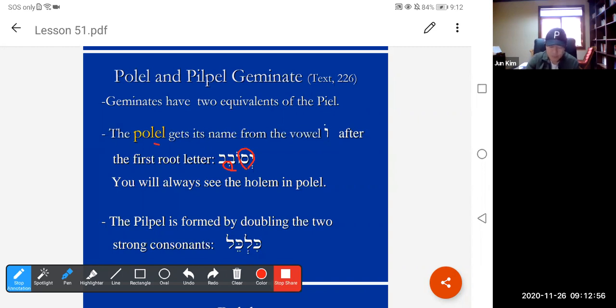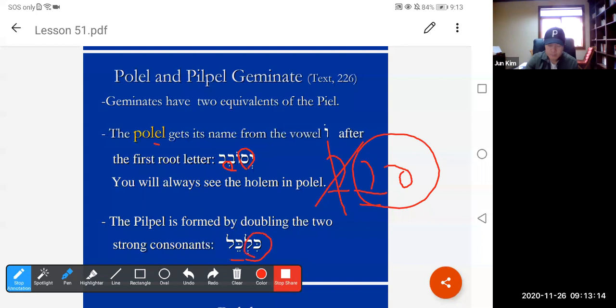Okay, pilpel. The pilpel is formed by doubling the two strong consonants. If you have sabab, then the third root letter will be dropped off, and only the first and second root letters will be doubled like this, and then it is called pilpel. So how can we form the pilpel stem? Exclude the third component and then double the first and the second.